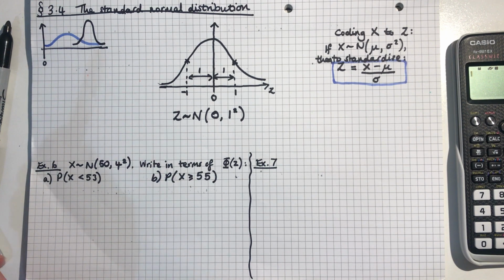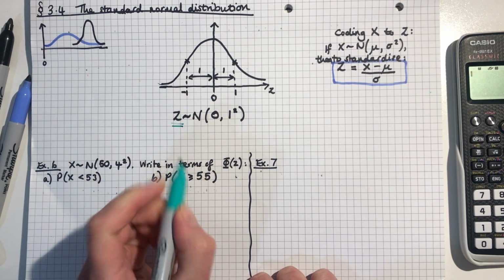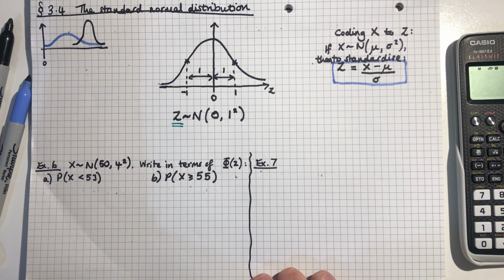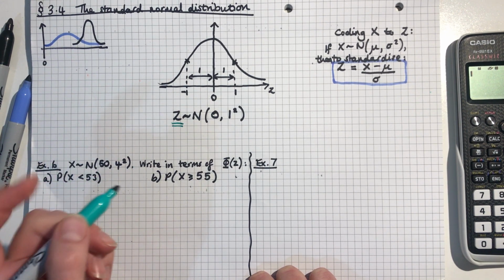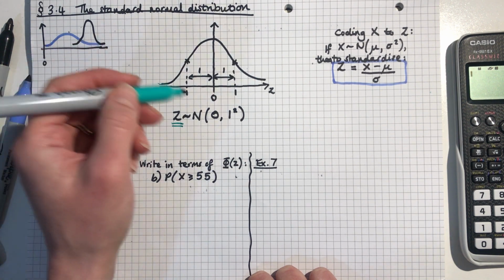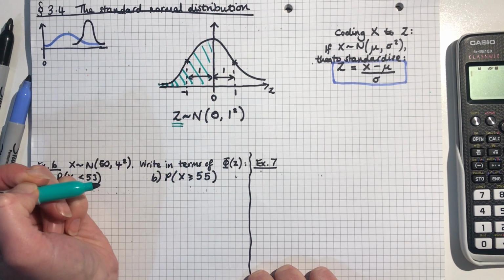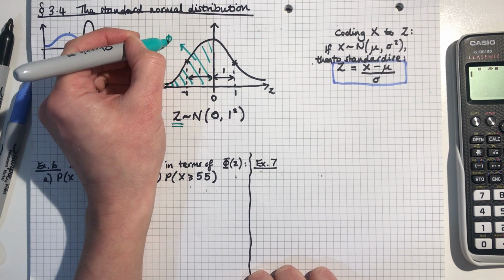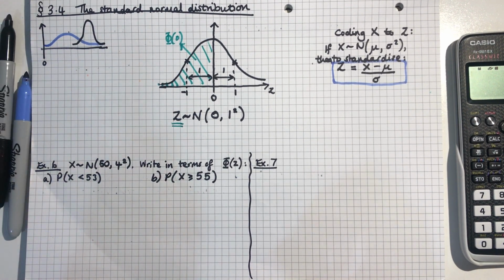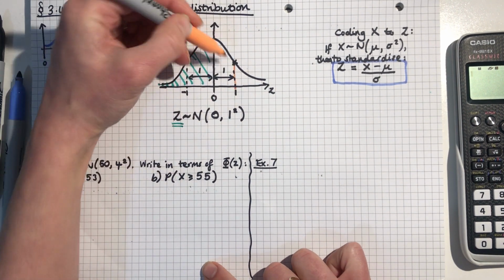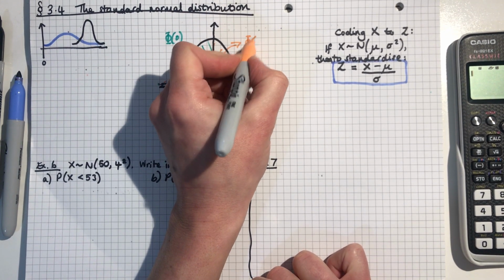Now, before we answer this question, I've just realised I didn't mention that the area under this Z curve, this standard normal distribution curve, the area to the left of any point is called phi, a capital Greek letter phi of z. So for instance, this area to the left of 0 we would call capital phi of 0, or this area to the left of 1 we would call capital phi of 1.